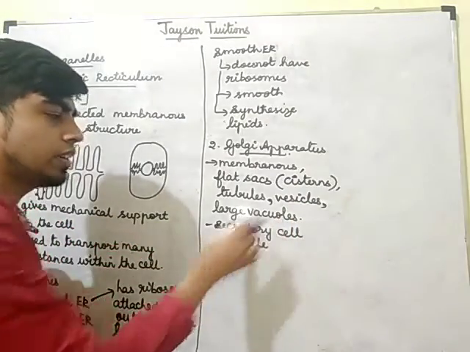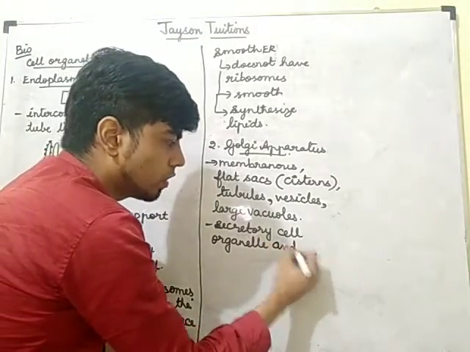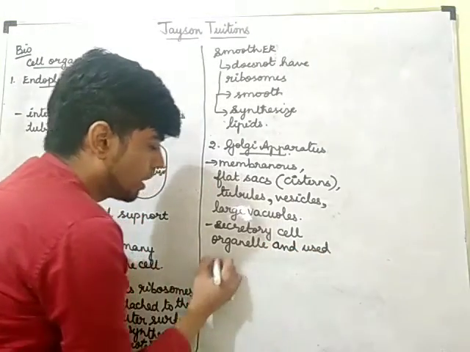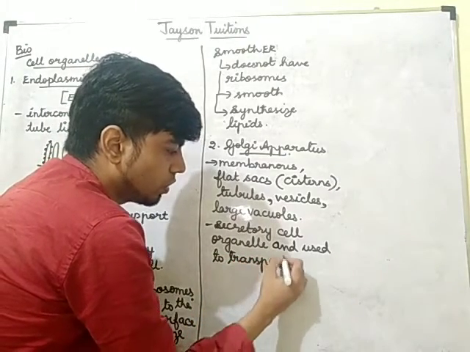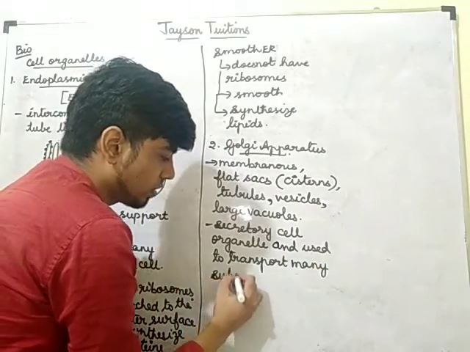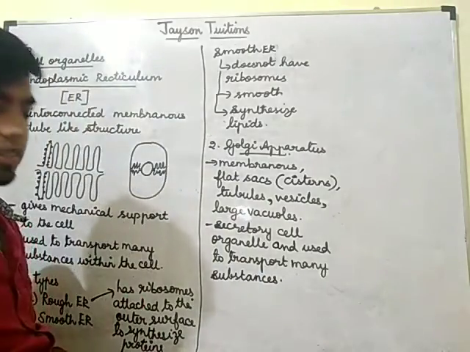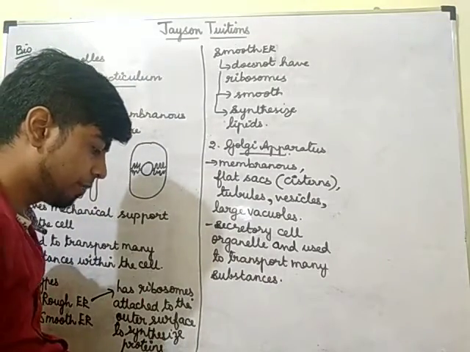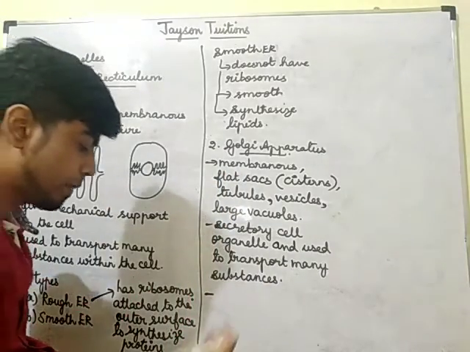That is why it is called a secretory cell organelle, and it is also used to transport many substances. What are the other functions of this Golgi apparatus?